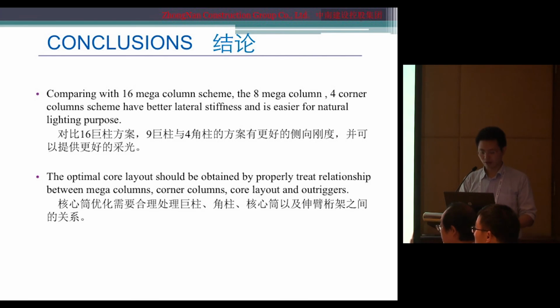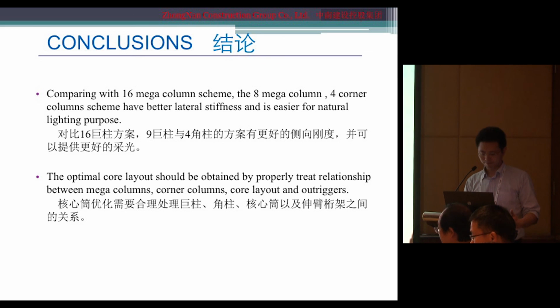The 8 mega column and 4 corner column proposal can actually achieve better lateral stiffness and is easier for natural lighting.